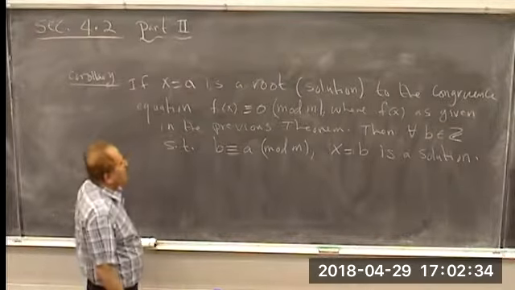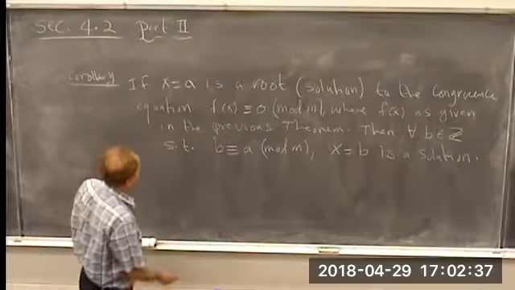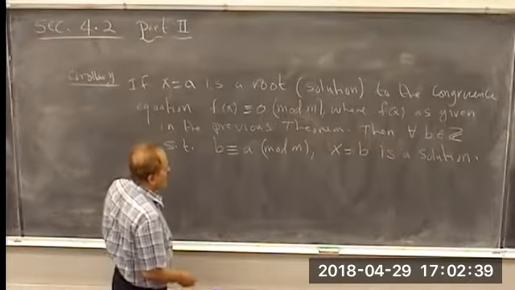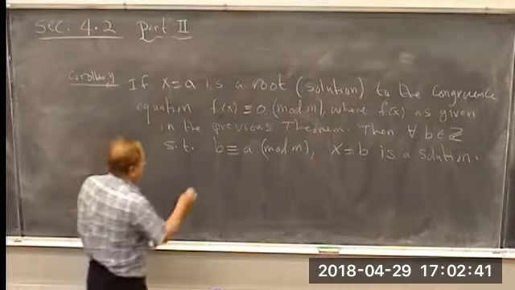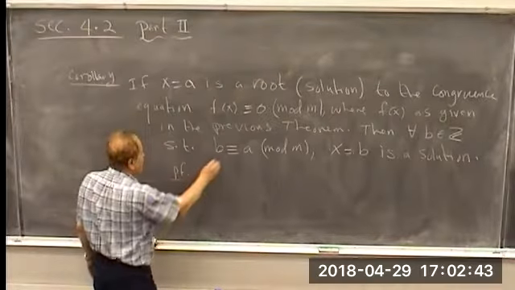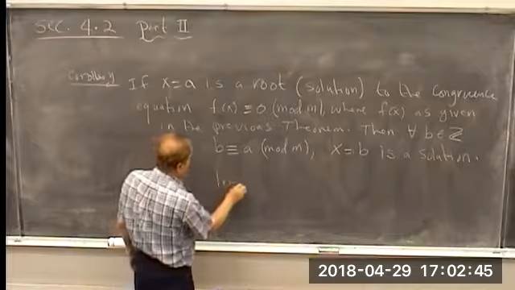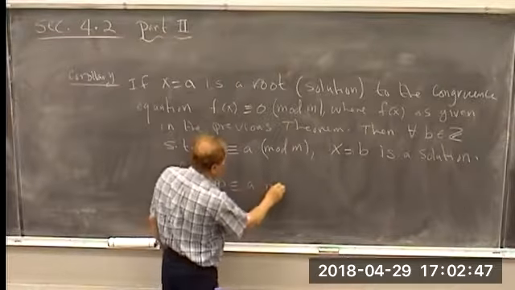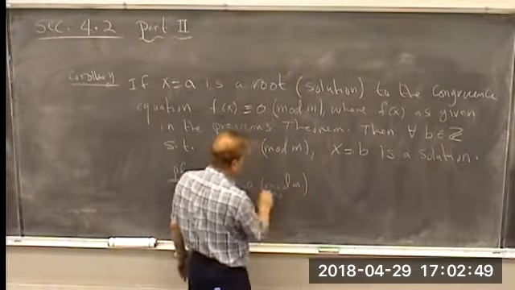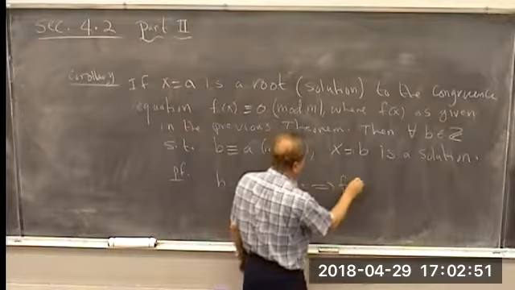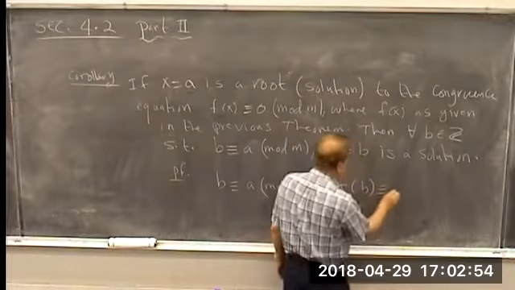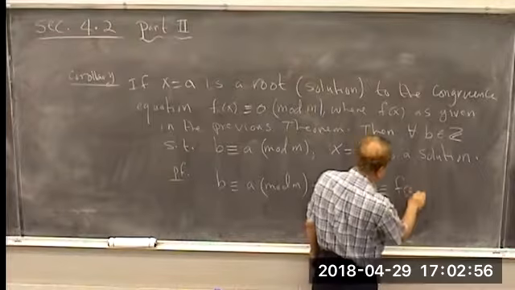All right. Of course, this follows immediately from the theorem, because we have b is congruent to a mod m. By the theorem this implies f of b is congruent to f of a.